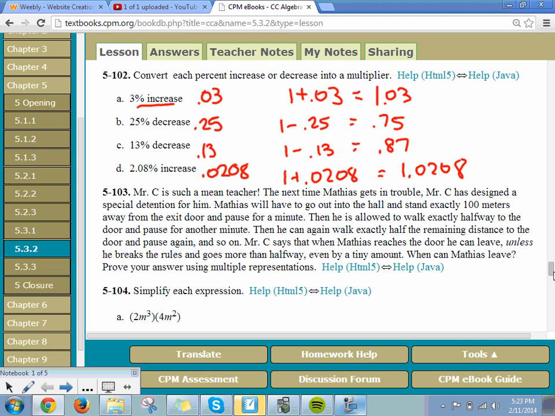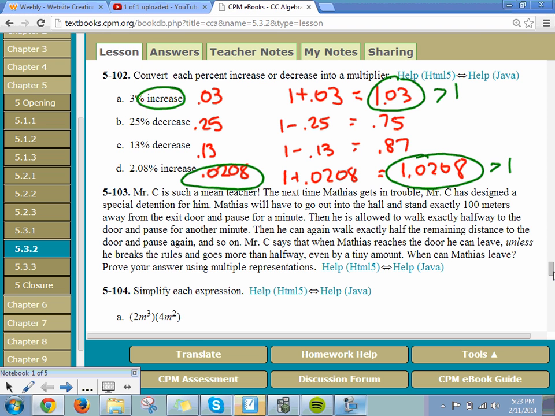What we should see here is that when we have an increase, our number is greater than 1, and when we decrease, our number is less than 1.